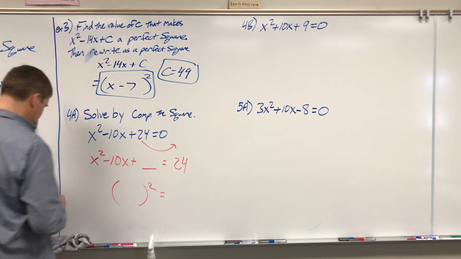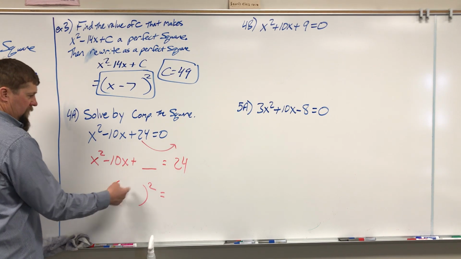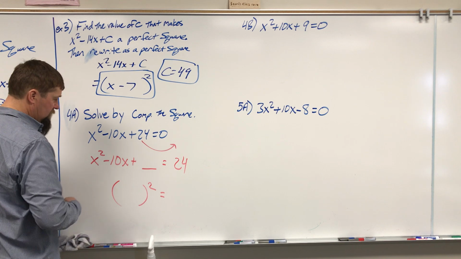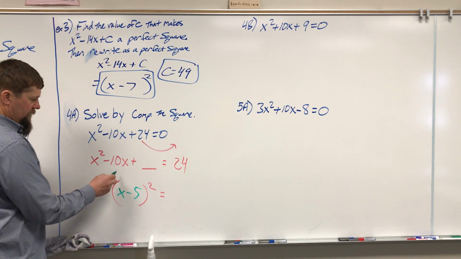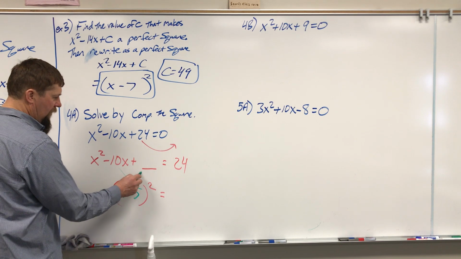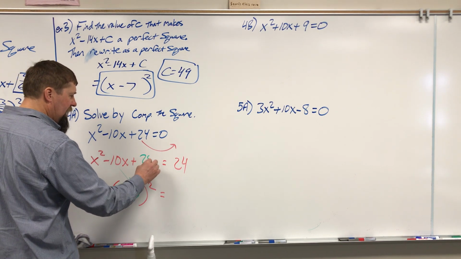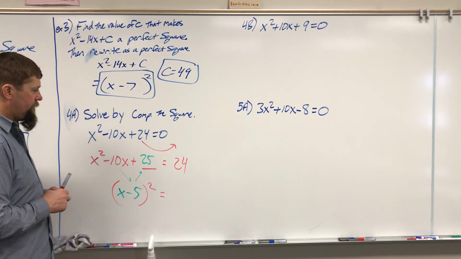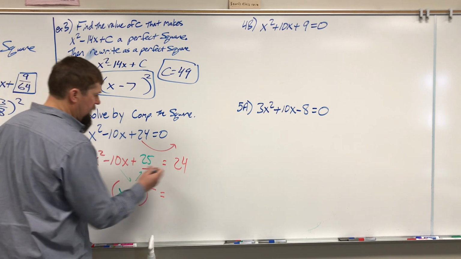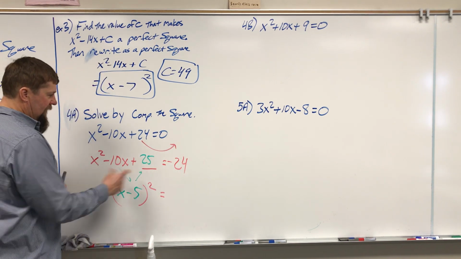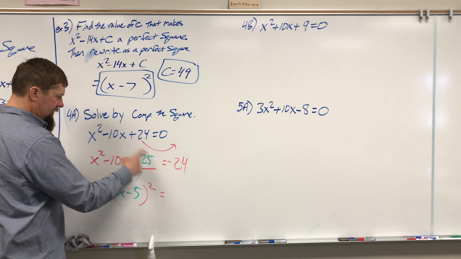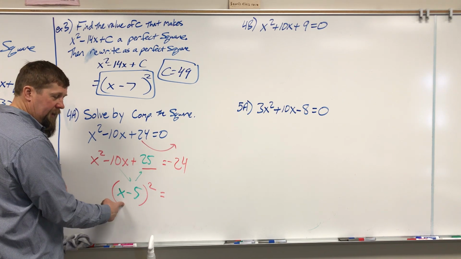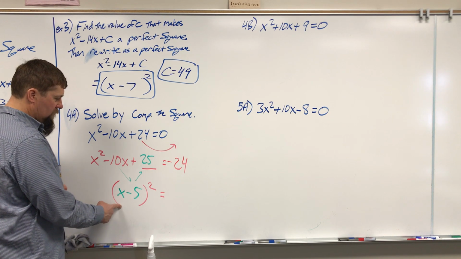Okay, so what I did here was I reset this up as a perfect square, so I know this is x minus 5. Remember, half of this, and I'm going to square it. So I need to add 25 here. This should be a minus 24, sorry about that. We're going to add 25 here because that makes this now a perfect square, and it can be written as x minus 5 squared.